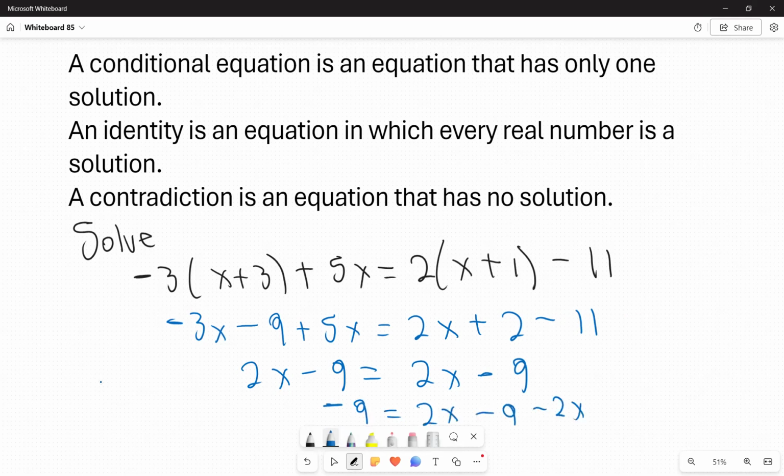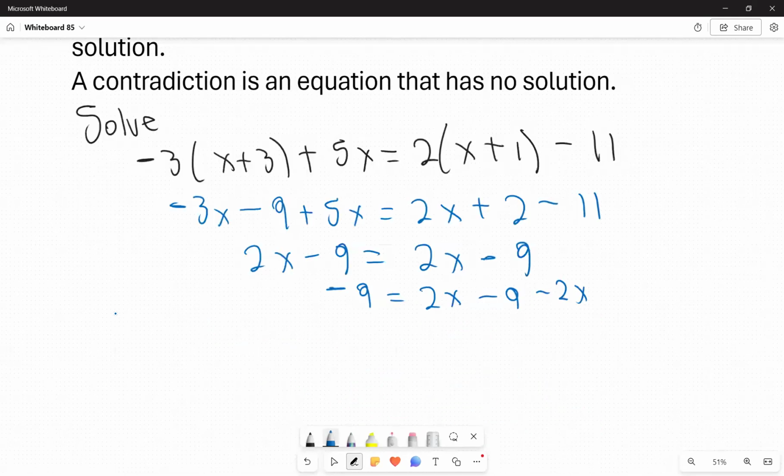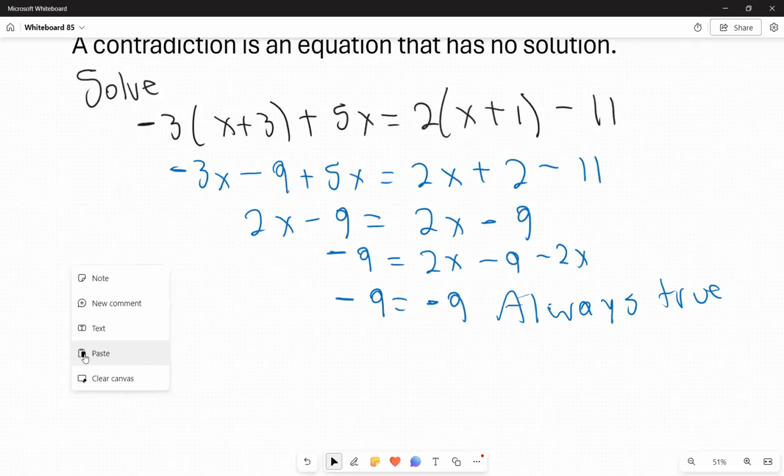What I'm doing is passing the 2x to the other side, and at the end, the 2x's cancel out. So I ended up with -9 equals -9. You know that this is always true, and this equation is an identity. And the solution set is all real numbers.